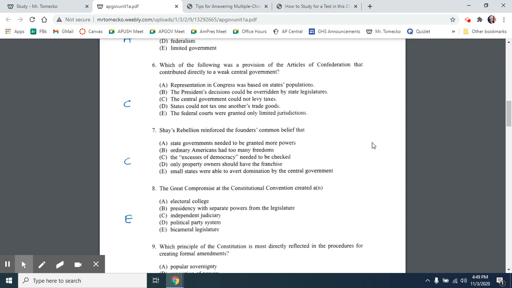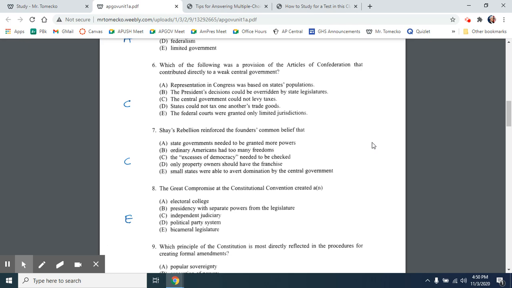Okay? Or I might say, we talked a lot about the Articles of Confederation. I know many provisions. I don't remember any discussion of whether or not states could tax each other's trade goods under the Articles. So that just doesn't seem that important. And that might be a reason to eliminate it. It doesn't seem like it's that important an idea.